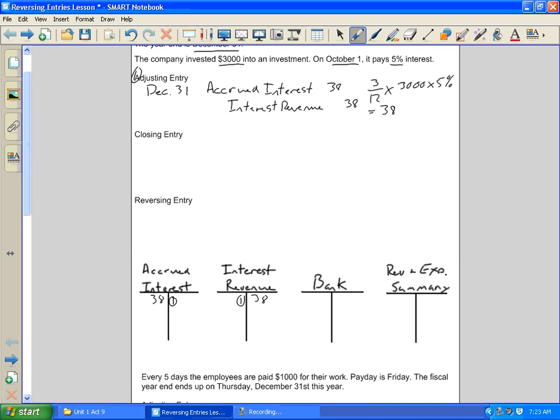Now, the closing entry, I don't mean to confuse people too much, but the closing entry is going to be on December 31st. Actually, let me switch pen colors for this one. I'll go with red. On December 31st, our closing entry is going to be a debit to the interest revenue, because we need to close that account out for 38 bucks, and a credit to revenue and expense summary for $38.